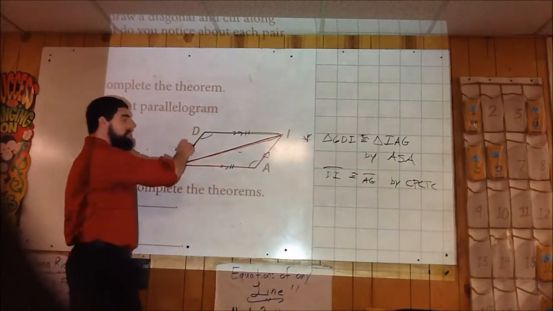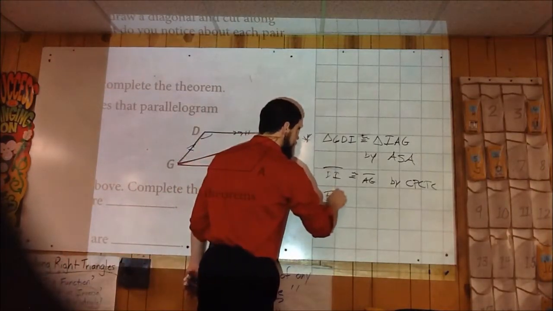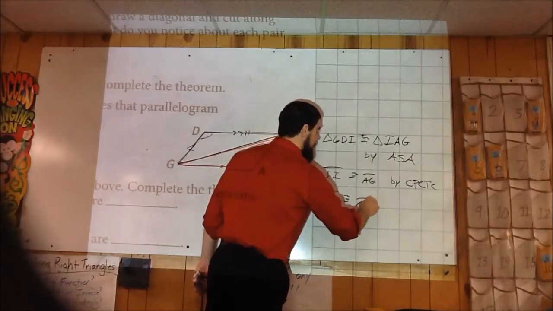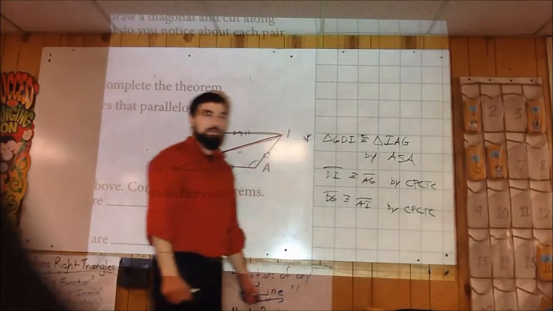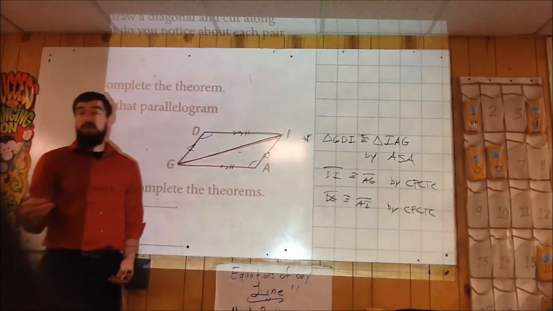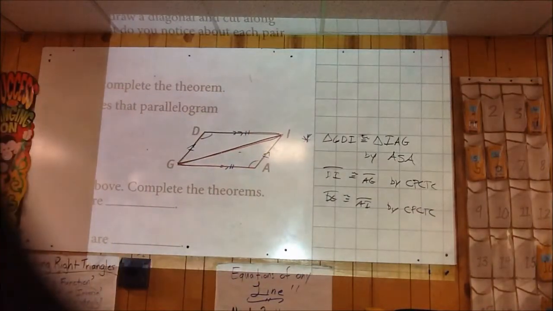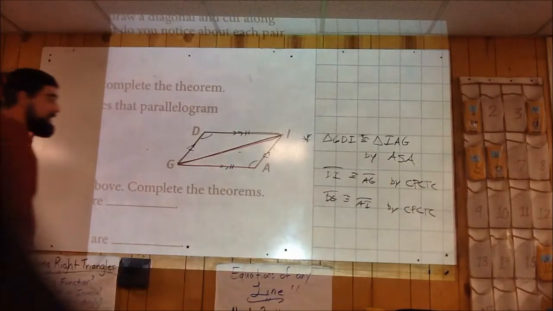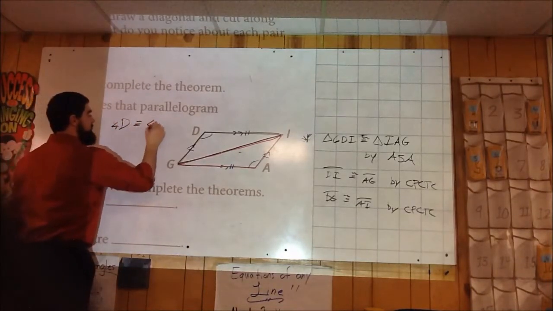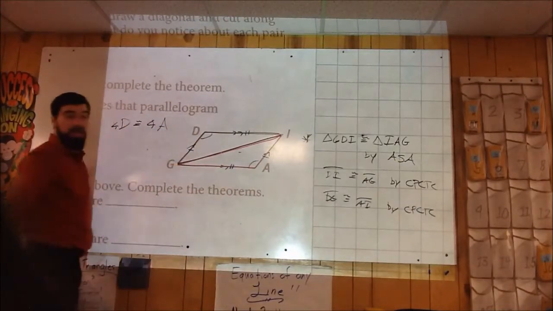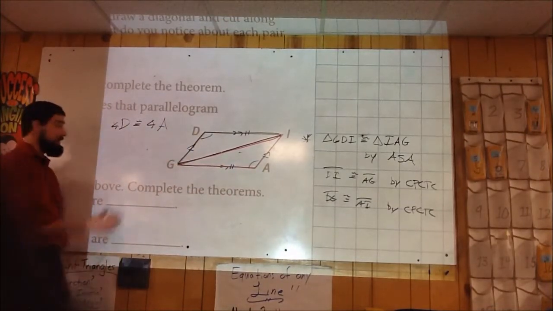And then I have segment DG congruent to segment AI. And again, that same thing, CPCTC. Then if I wanted to prove the other theorem, that the opposite angles are congruent, so if I want to show that angle D is congruent to angle A, those guys, again, CPCTC. That's it.